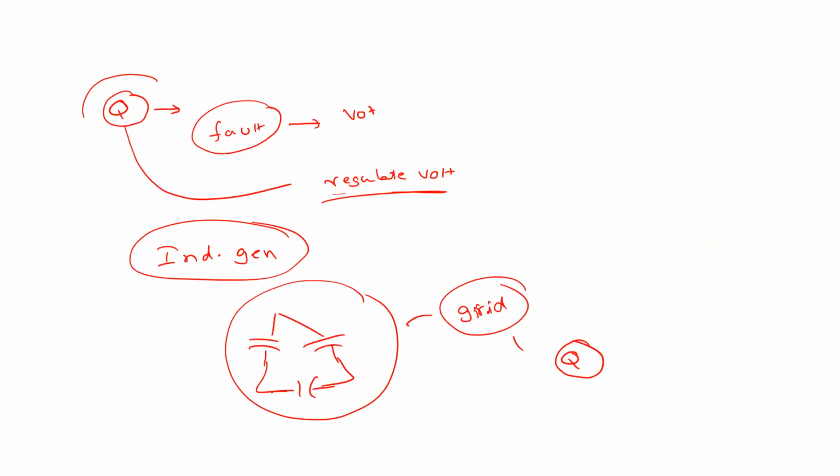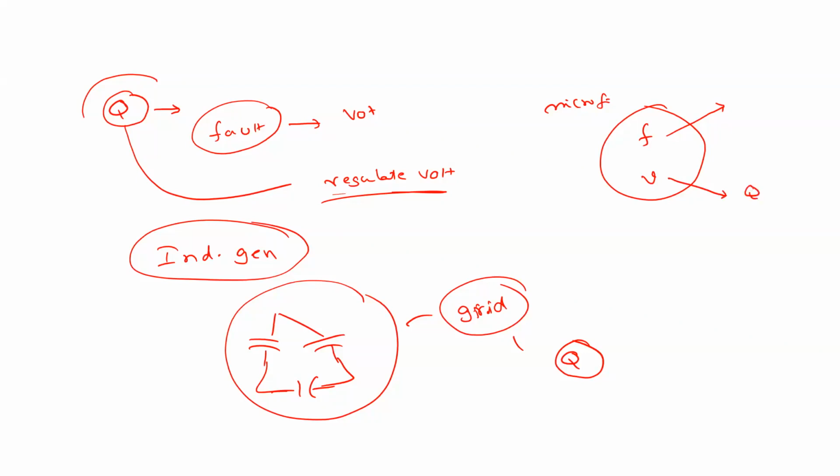Similarly, in the case of a microgrid, fluctuations of frequency and fluctuations of voltage are common, right? If you have fluctuations in voltage, that is controlled by Q, reactive power.